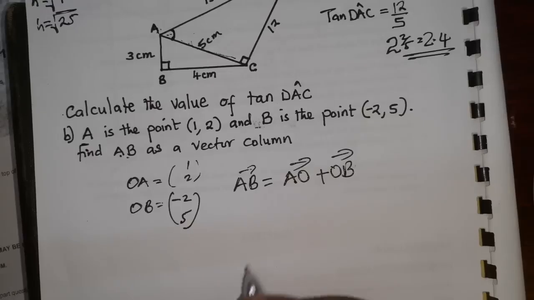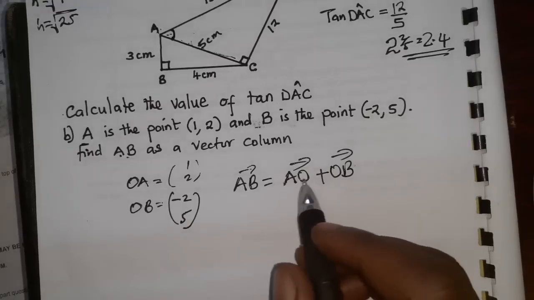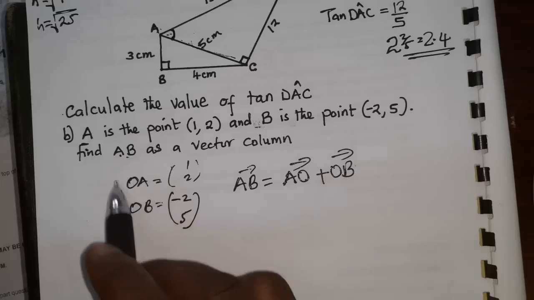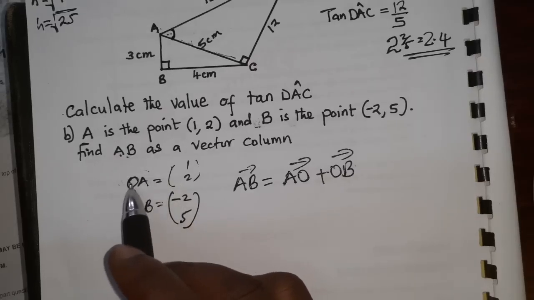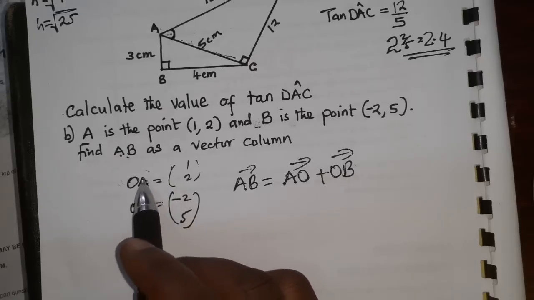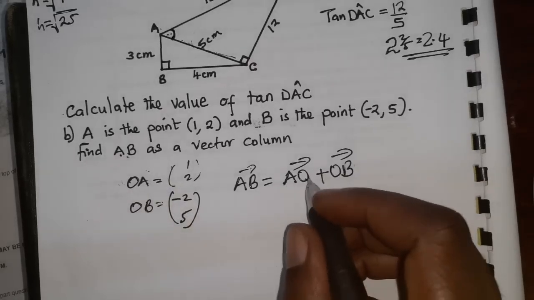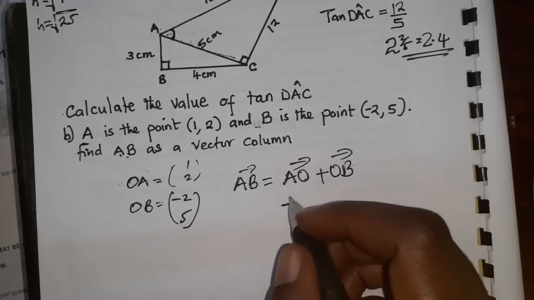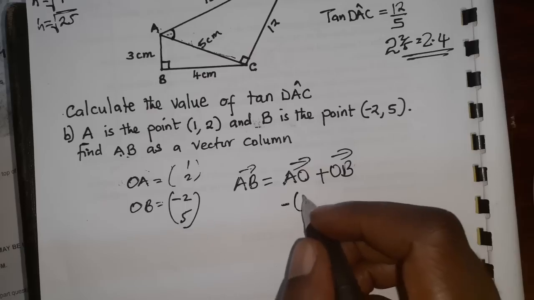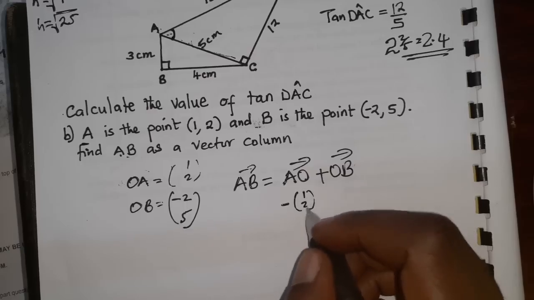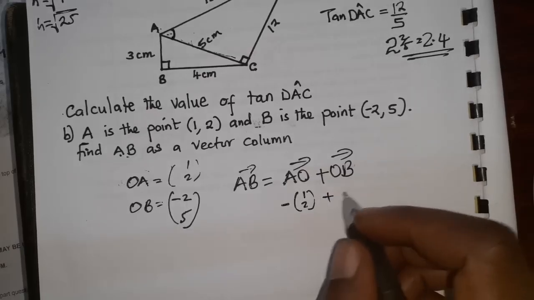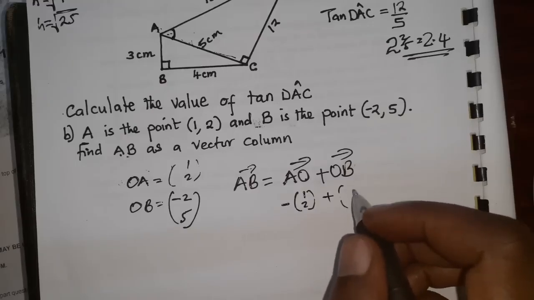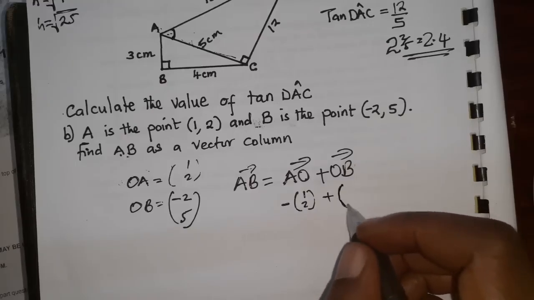AO is going to be the opposite of OA, so we put a negative to this, plus OB, which will be as it is.